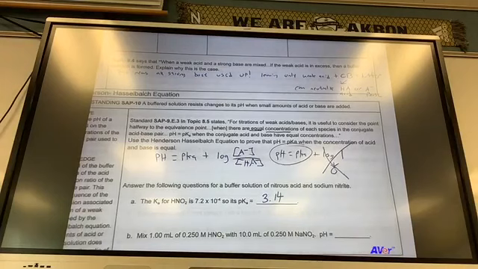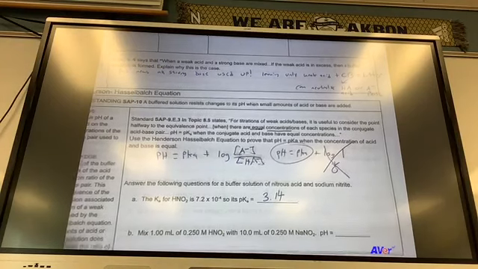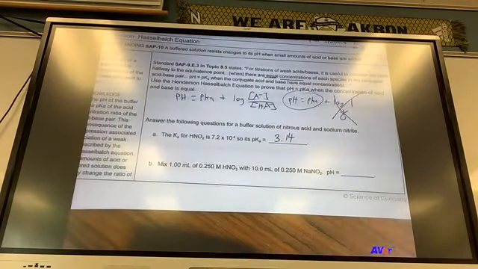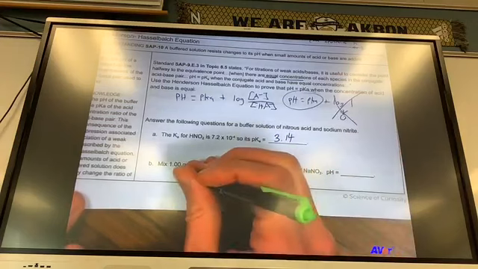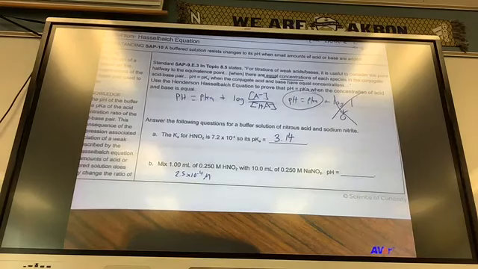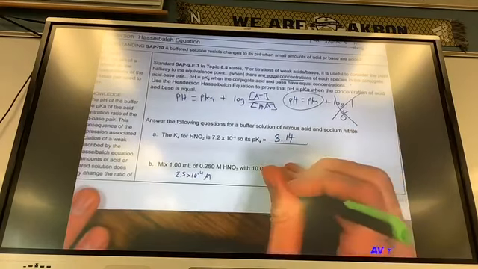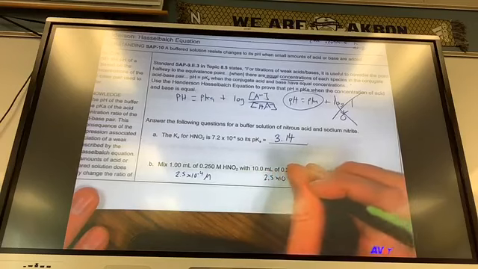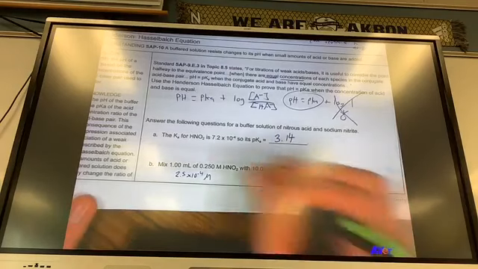Next one. Mix 1 milliliter with 0.250 molar HNO2. What should I do with these first two things? Turn it into moles, right? So 0.001 times 0.250 gives me 2.5 times 10 to the negative fourth moles. And then 10 divided by 1,000 is 0.01, times 0.250 gives me 2.5 times 10 to the negative second moles.